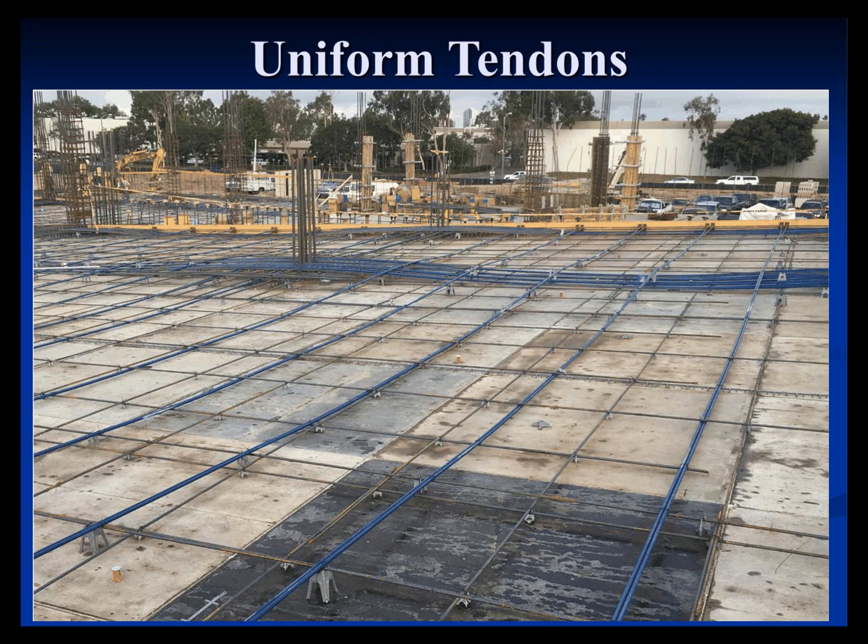Now, in general, when we talk about post-tensioning in building construction, especially in North America, we talk about unbonded post-tensioning strands, which you can see in each direction on this particular photograph. This here is a two-way flat plate, so you have the bands in the very top portion going left to right, and the uniform tendons going up and down the page at 2 or 2.5 feet on center.